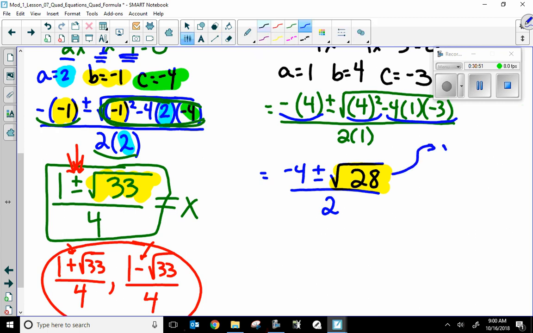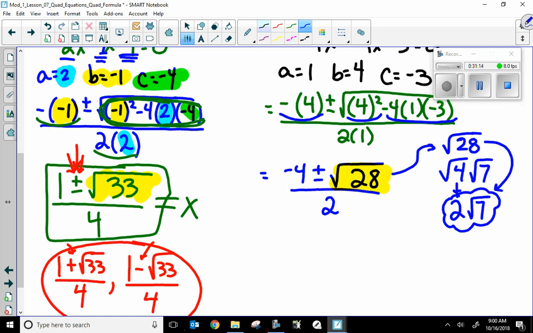If I take radical 28, that's like saying radical 4 times radical 7, because 4 times 7 is 28. And I know the square root of 4 is 2. The square root of 7 can't be reduced anymore. So this is what radical 28 will turn into. And I'm just going to rewrite it. So negative 4 plus or minus 2 radical 7 all over 2.